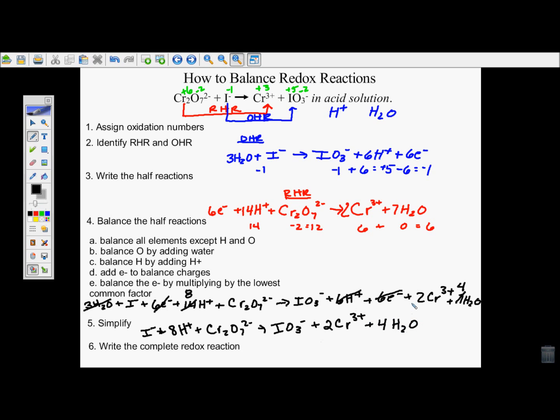And a way to check your work on these is just to make sure that it's balanced at the end. 1 iodine, 1 iodine. 8 hydrogens, 8 hydrogens. 2 chromiums, 2 chromiums. 7 oxygens, 3 plus 4 is 7 oxygens. So this is balanced.